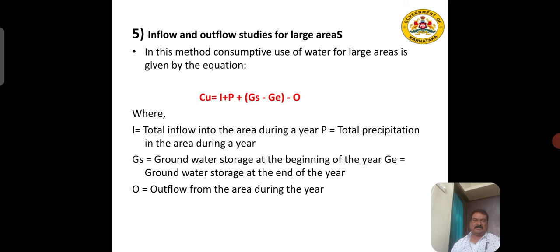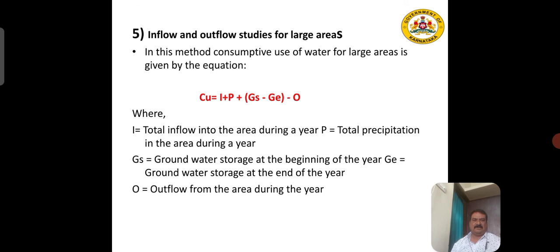In the integration method, consumptive use of each crop and its area, consumptive use of natural vegetation and its area, evaporation from water surface and its area, and evaporation from open land and its area are considered.